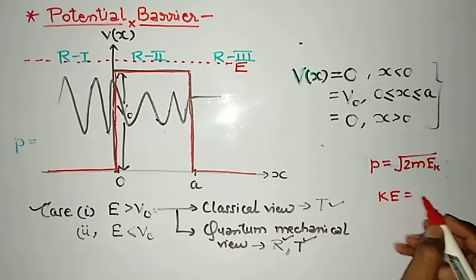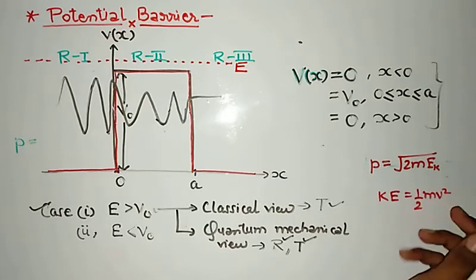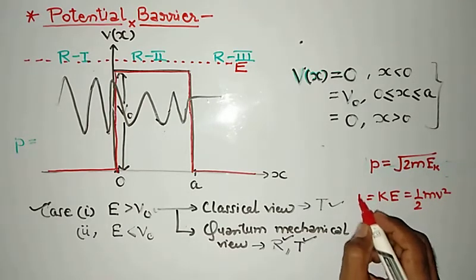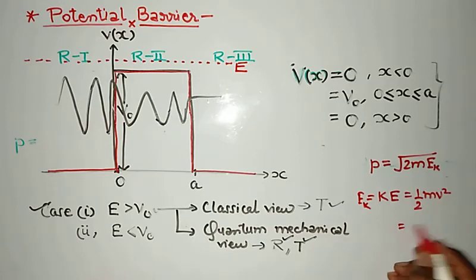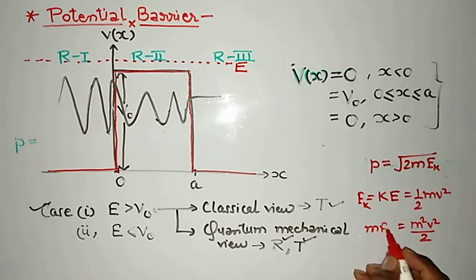Kinetic energy is equal to half mv square, and we are representing this by E_k. So when you write m square v square by 2, by multiplying m also and shifting 2 here, 2m E_k is equal to m square v square, which is p square, that is p is equal to under root 2m E_k. So here this is kinetic energy.